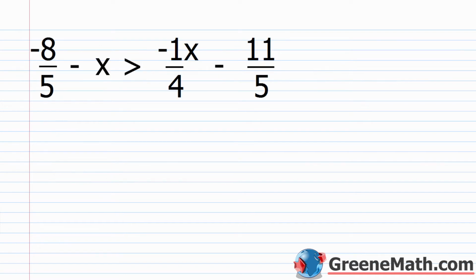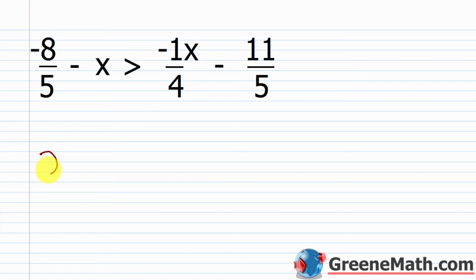We have negative 8/5 minus x is greater than negative 1/4 x minus 11/5. So just like if we had an equation with fractions, if we have an inequality with fractions, we can go ahead and multiply both sides of the inequality by the LCD. So the LCD here would be 20, right? 5 times 4.